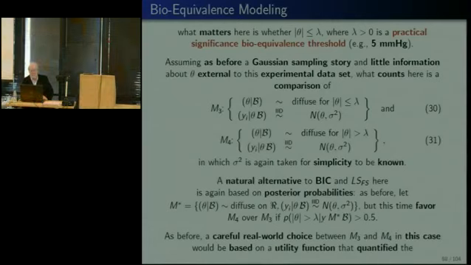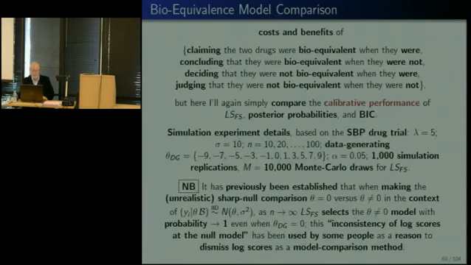And as was the case before, and I didn't really emphasize it fully, a careful real-world choice between model 3 and model 4 would be based on a utility function that quantified the costs and benefits of the following 4 things. Claiming the 2 drugs were bioequivalent when they were, that's a good thing, and you should get a reward for that.